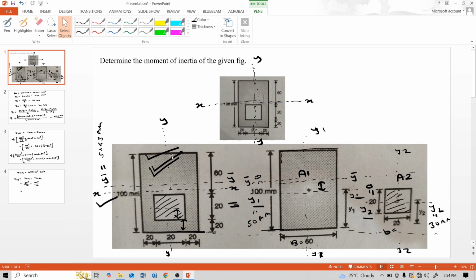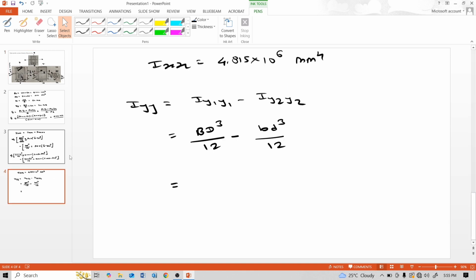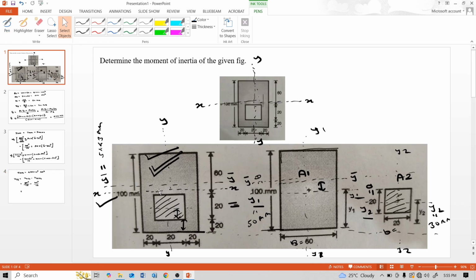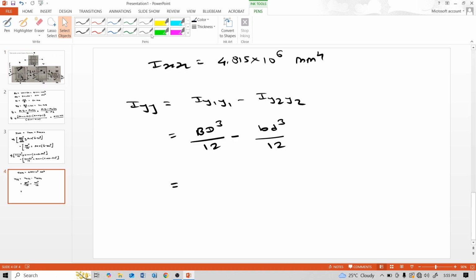Here, due to symmetry, neutral axis passes through centroid. Due to x-axis unsymmetry, there is eccentricity in neutral axis, but here not. Neutral axis is passing through centroid. So this body's neutral axis, this body's neutral axis, and this body's neutral axis are the same. So that's why here we do not use the parallel axis theorem.